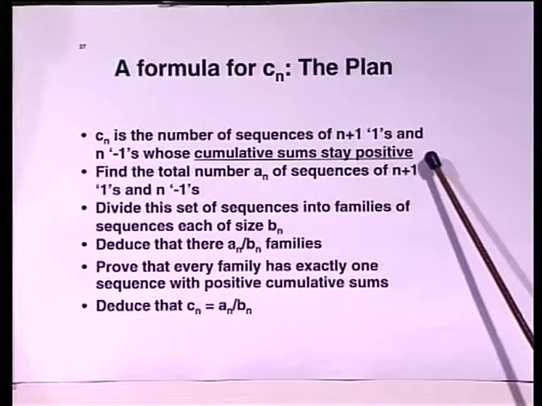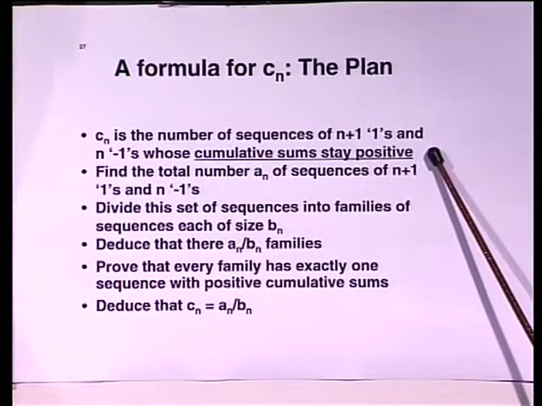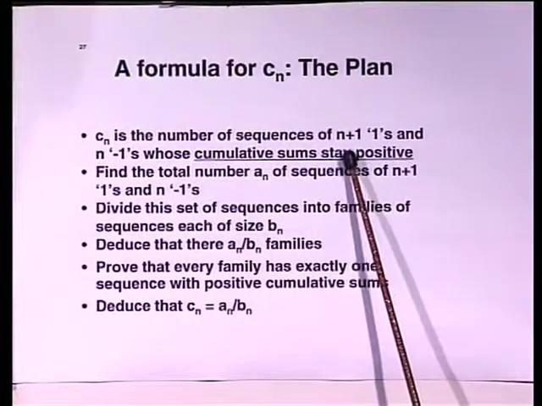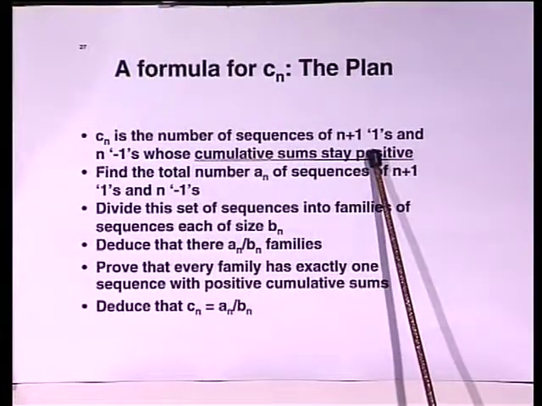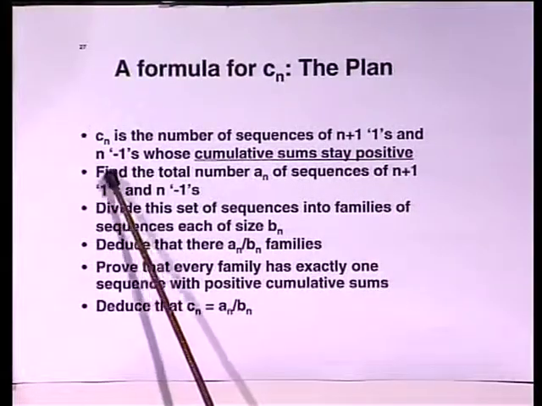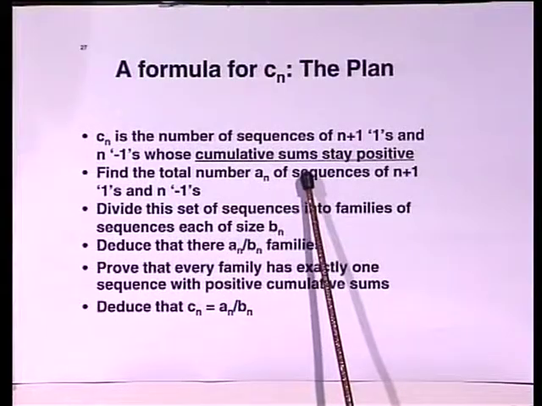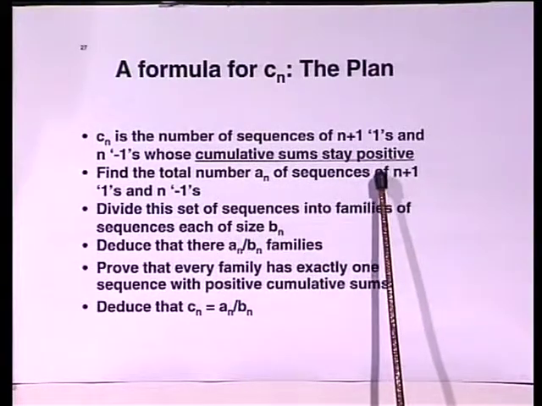Well, let me now give you the plan that we're going to follow in working out a formula for the Catalan numbers. Here it is, in a number of steps. What we've just seen is the Catalan number is the number of sequences of n plus 1 ones, because there was an extra vote, and n minus 1s, where the sums, as you add them up, are always positive.